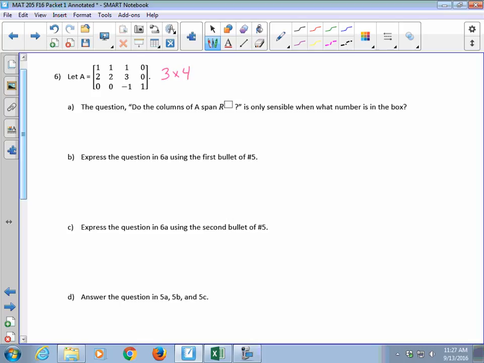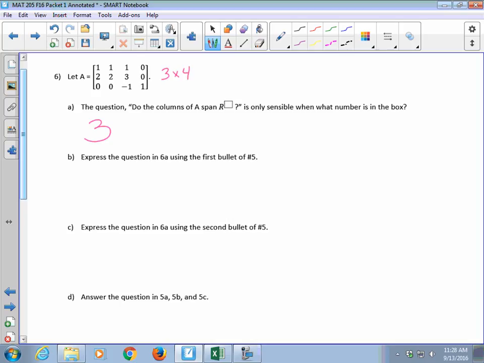The span of the columns of A means all the linear combinations of the columns of A. So I'm going to take the columns of A, put weights on them, and add them together. What space does the answer live in? R3. It's going to have 3 entries. So it would have to be R3.